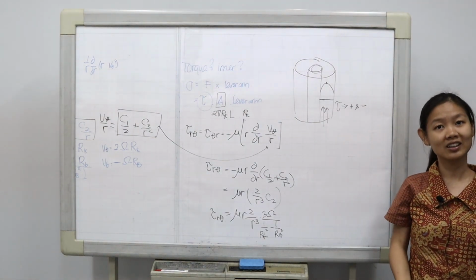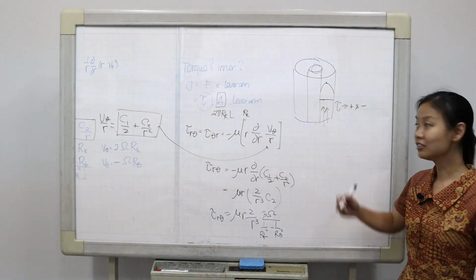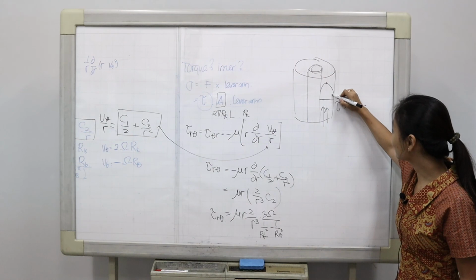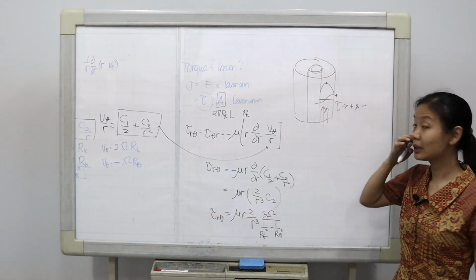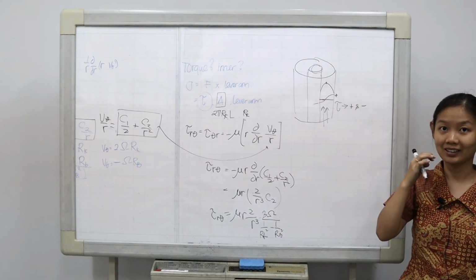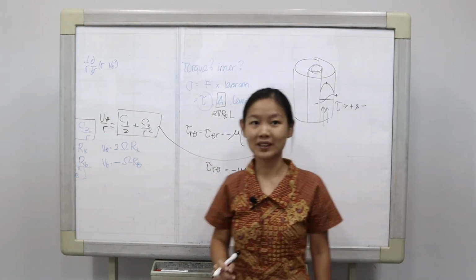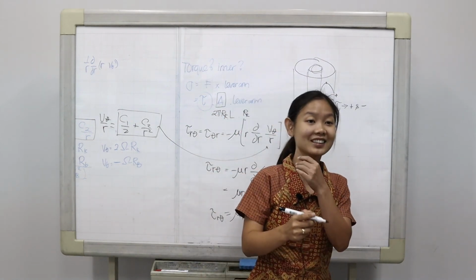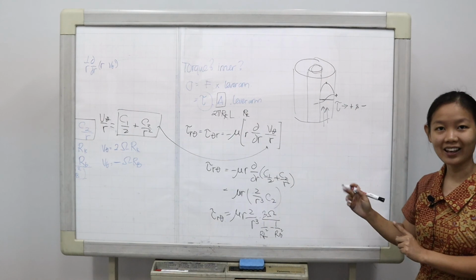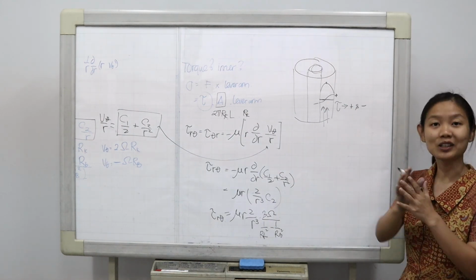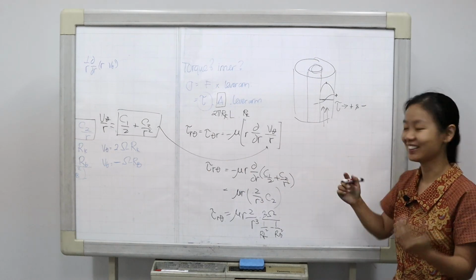So remember, the tau here at the outer cylinder is positive and here is negative. Do you still remember that? Okay, good.